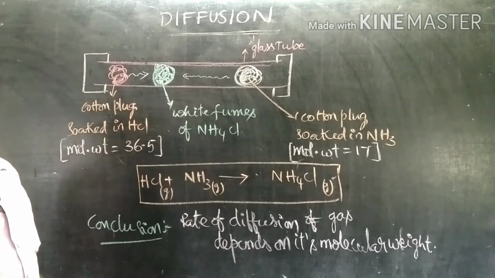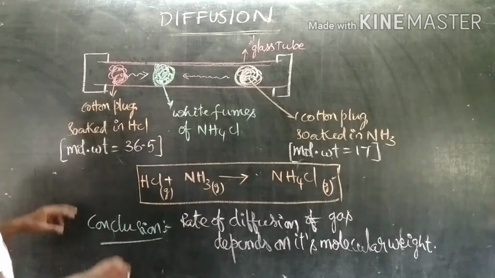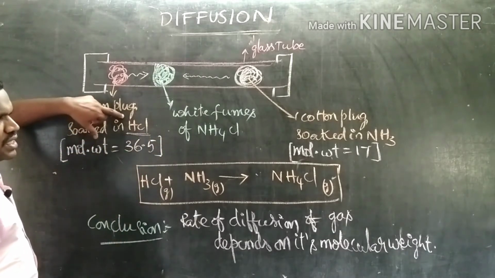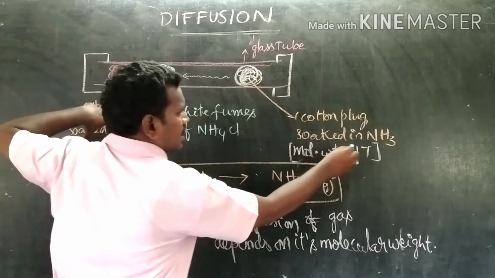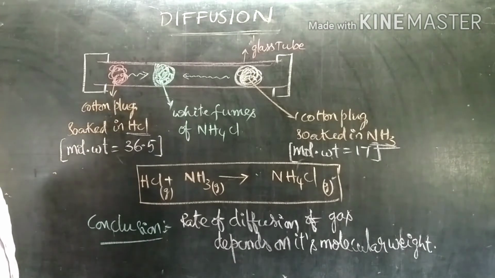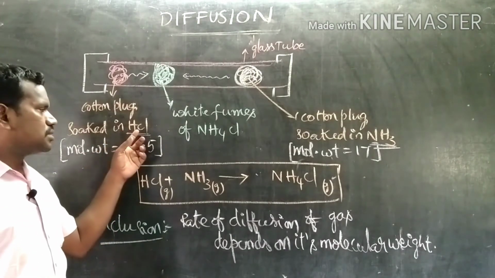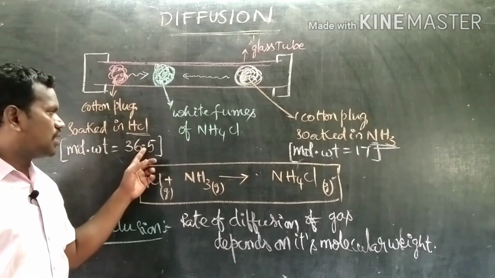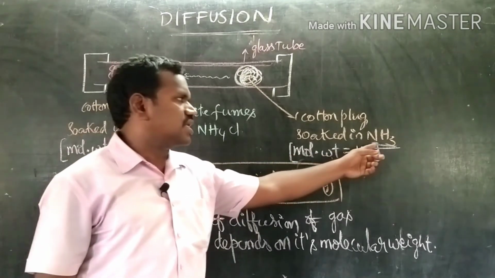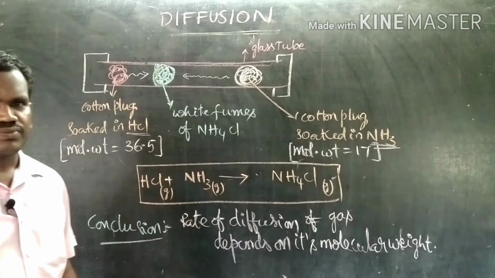But why did we observe the white colored fumes nearer to the cotton plug which is soaked in HCl? The reason is, the rate of diffusion of HCl is less when compared to the rate of diffusion of ammonia, because HCl has a molecular weight of 36.5 and the molecular weight of ammonia is 17.